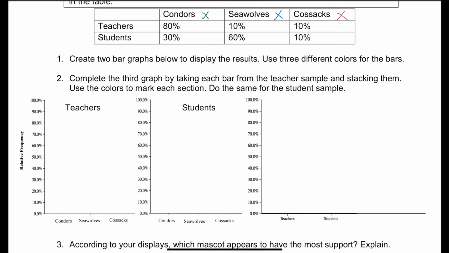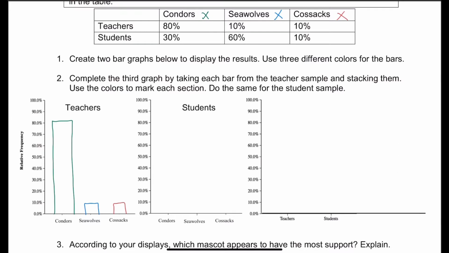So just for the teachers, looking at the condors, 80% of the teachers said they wanted to have the condors, 10% said they wanted the sea wolves, and we also had 10% say they wanted the Cossacks. Do something similar for the students.